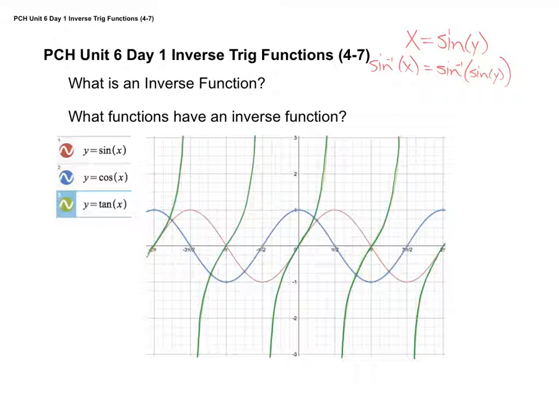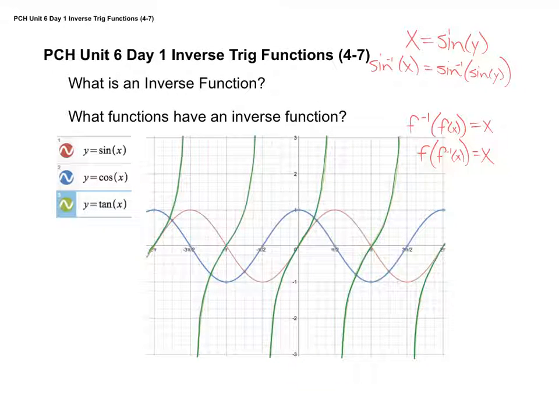And if you remember, back when we talked about inverse functions, we had f inverse of f of x, and that always equaled x. Alright? We also could have taken f of f inverse of x, and that would have given us x. That was the definition of what an inverse function was. Okay? That notation is the notation we're using here.